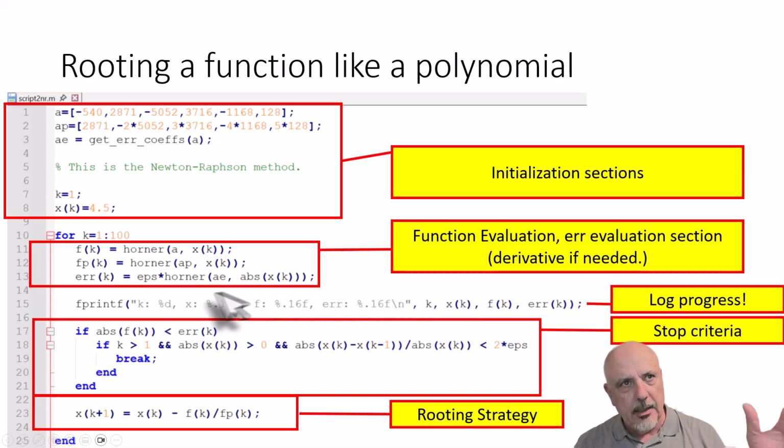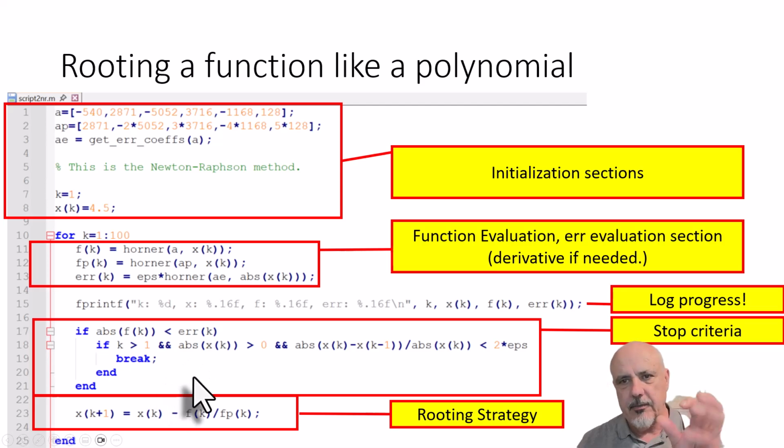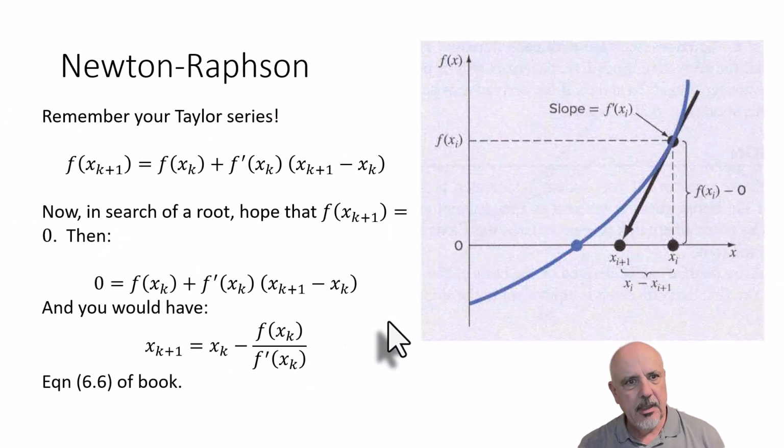Then you log it. Then you check your stop criteria to see if you're good. If you are good, then you break out of the for loop. And if you're not good, and you want to keep going, then you do your rooting strategy. In this case it was Newton Raphson. So we'll just use this over and over, with some minor tweaks to it.